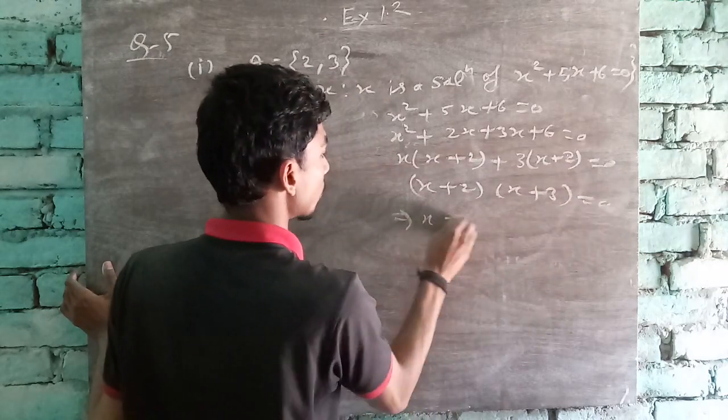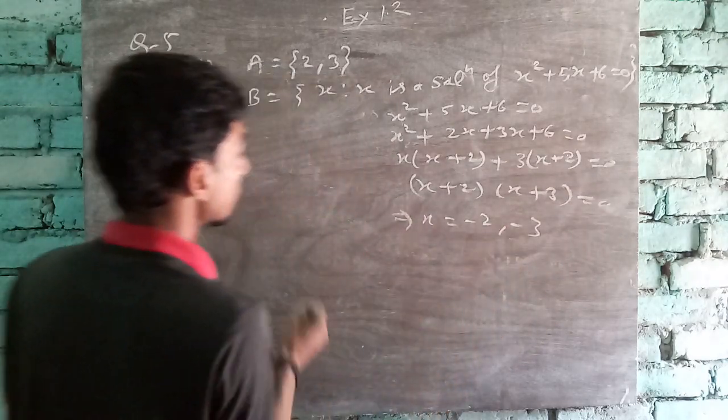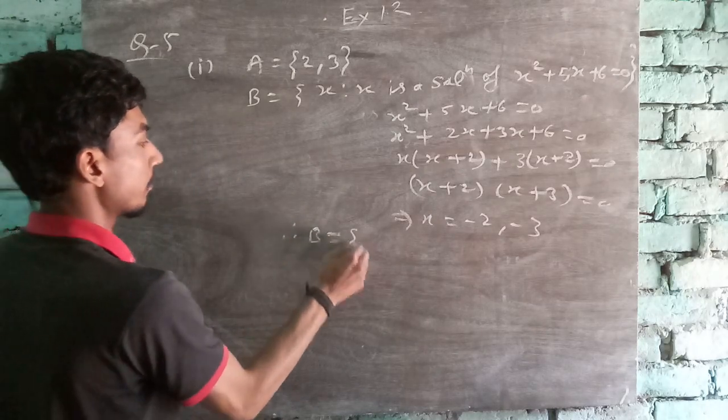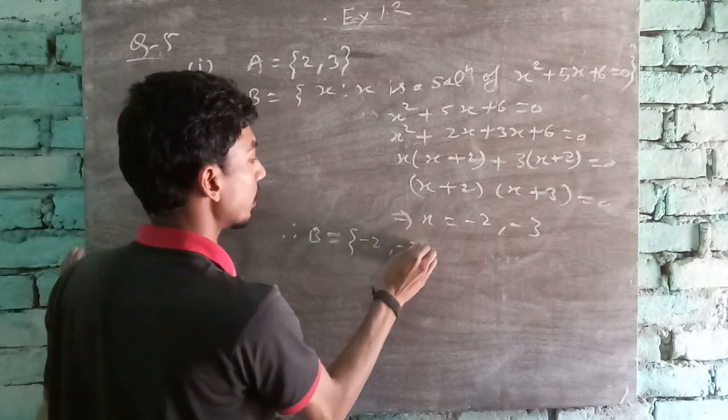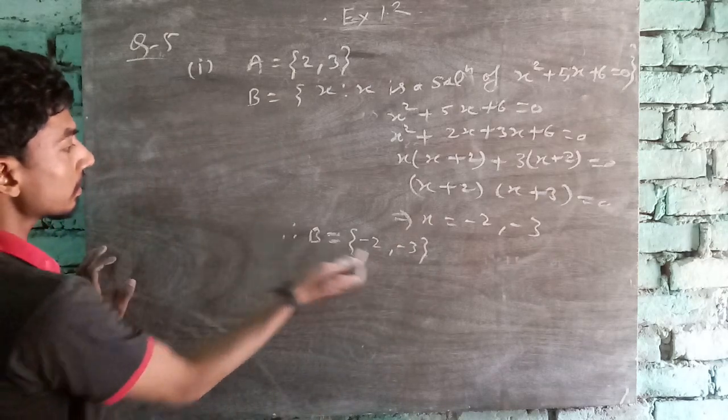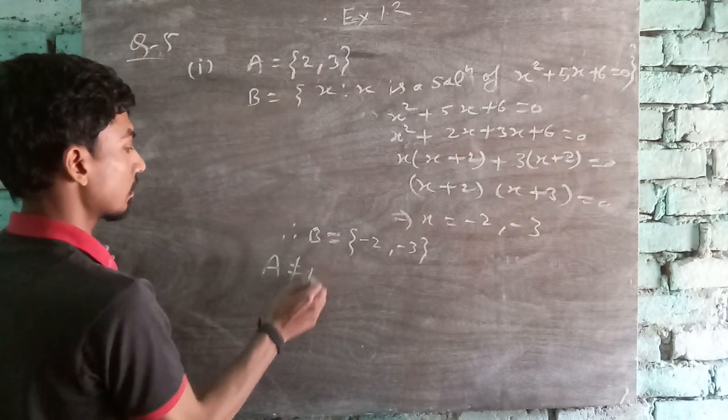This implies x is equal to -2 and -3. Therefore, the elements are -2 and -3. Here A is not equal to B.